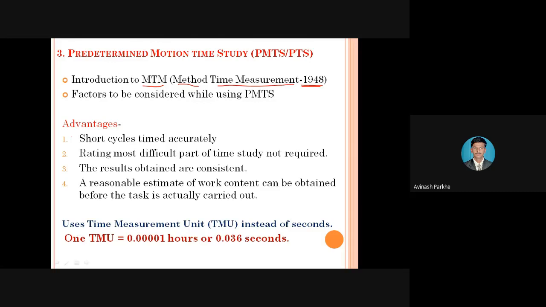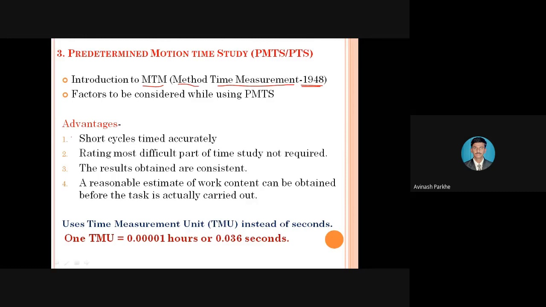Because in those 2 hours, sometimes a tool breaks, the oil or the coolant finishes, operators take rest, so an extra 30 minutes are required. And if the job is completed in 1 hour and 30 minutes, maybe that job is very small, and the operator worked continuously on that object.